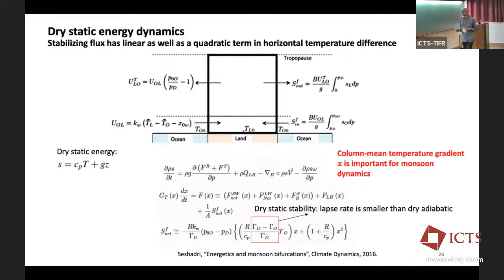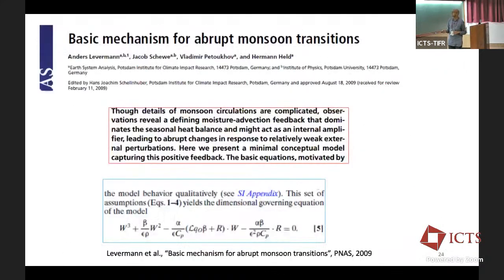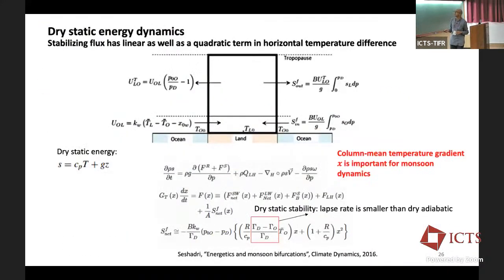But this export is through two contributions. There's a contribution that is quadratic in X. This comes from advection, and corresponds to horizontal advection. But there's also a term that is linear in X, and this comes from vertical stratification.